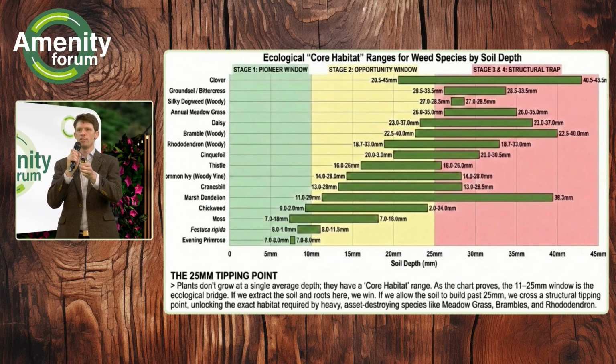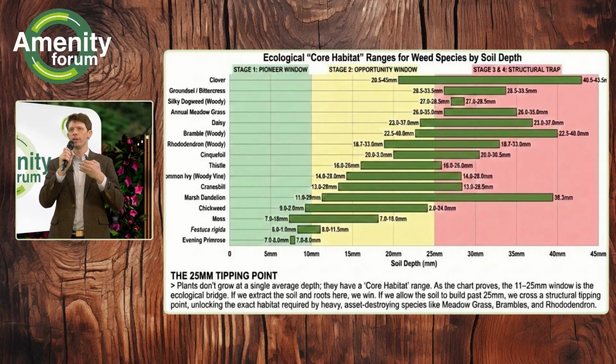beyond 10 millimetres, you start getting deeper rooted perennial type plants, things like dandelion, cranesbill, thistle, which will start to enter the pavement, and at the same depth you can get things that can start to cause a bit of damage.